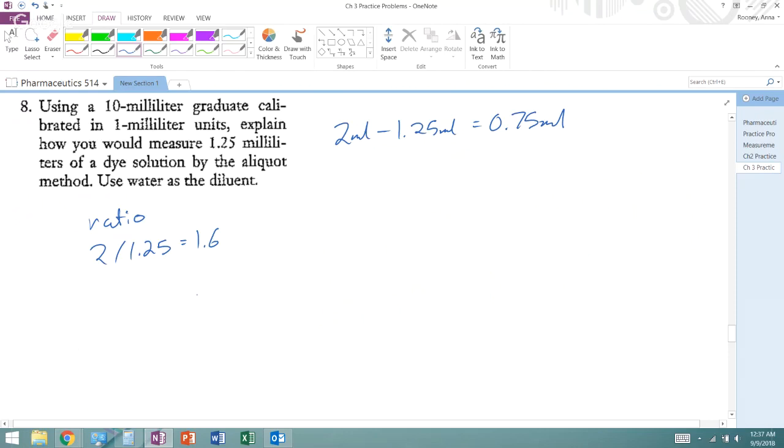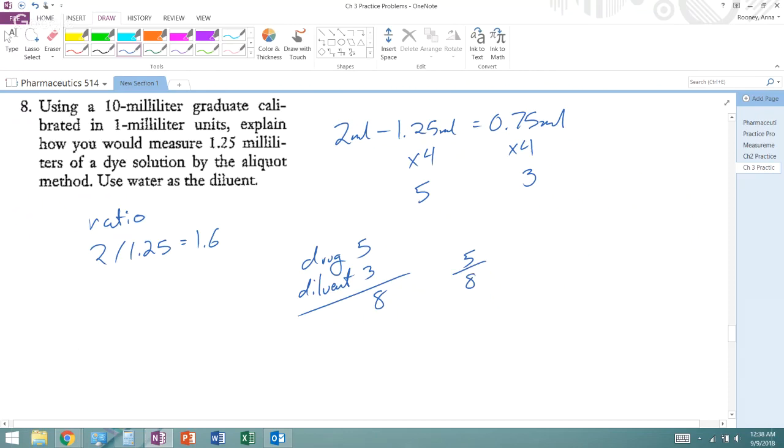However, just looking at this, we could probably just do this times 4. So this becomes 5, and this becomes 3. And then you have your drug is 5, your diluent is 3, that is 8.